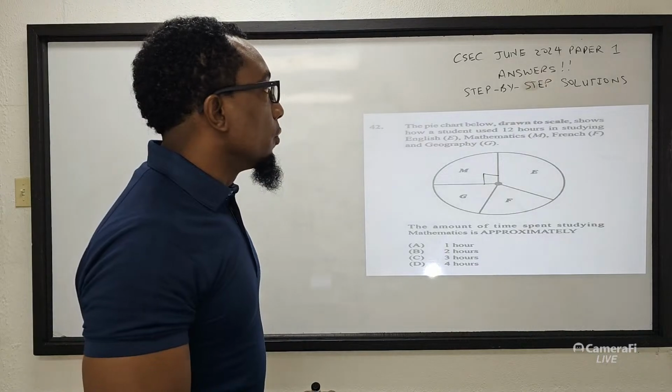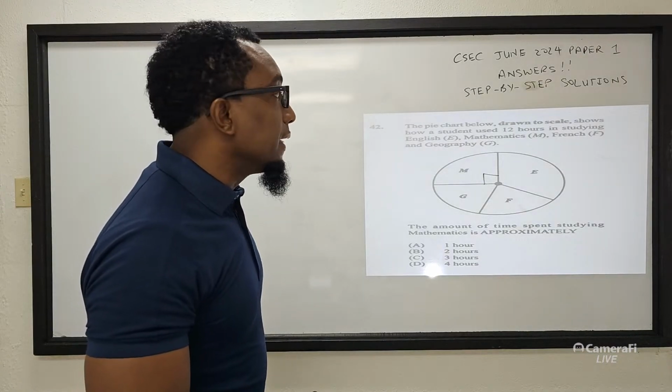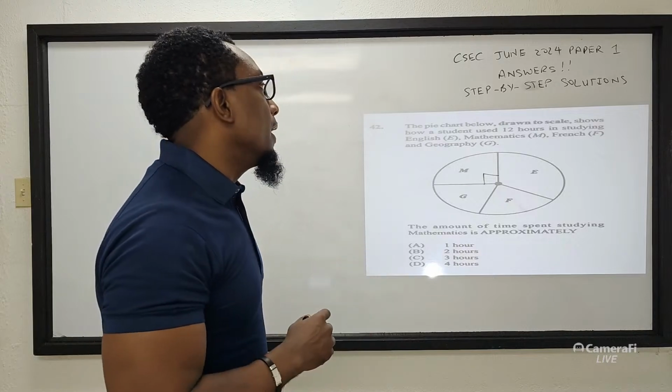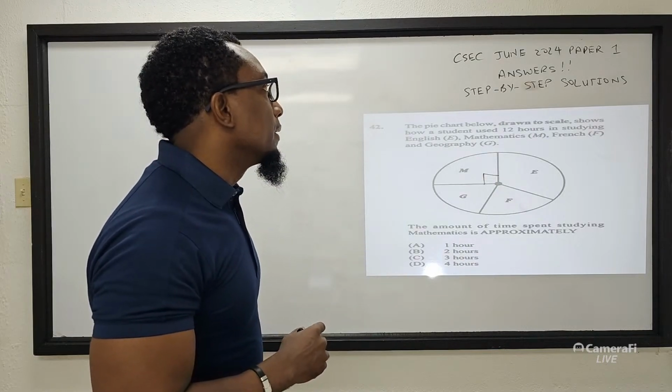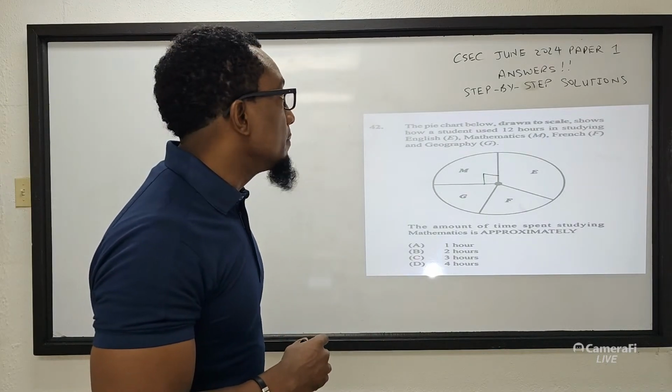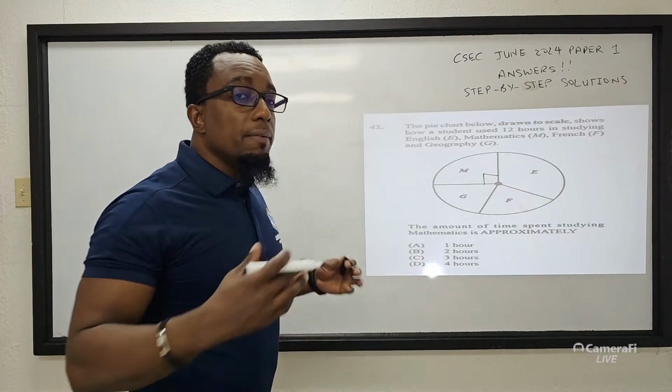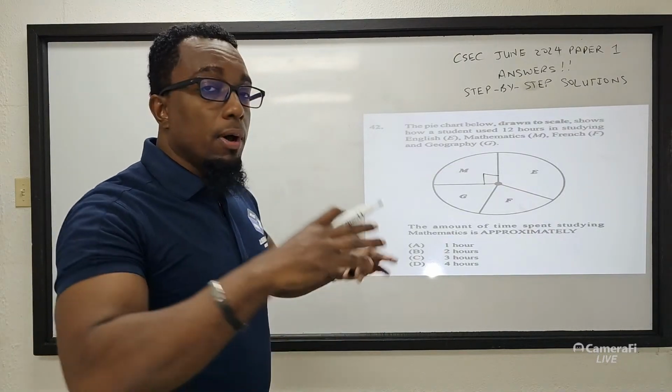Good? So what we can do is establish a relationship between the angle and the number of hours studied by the student. So the student used 12 hours in studying all of those subjects.